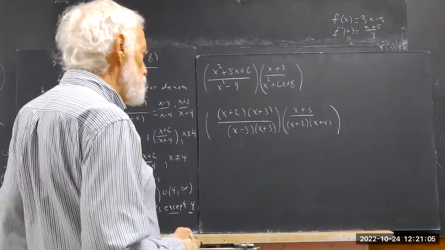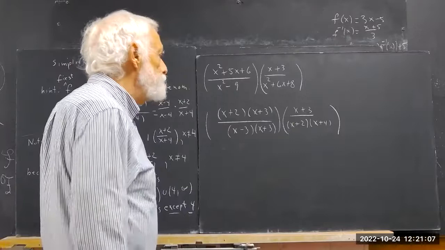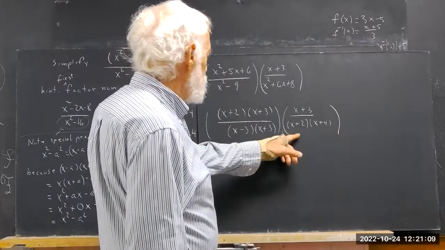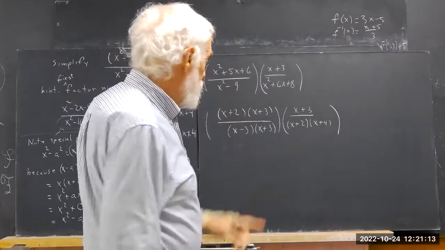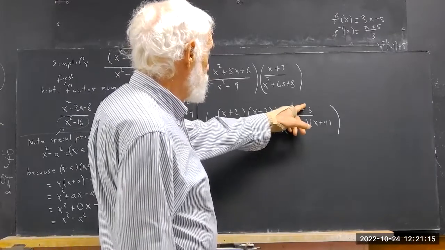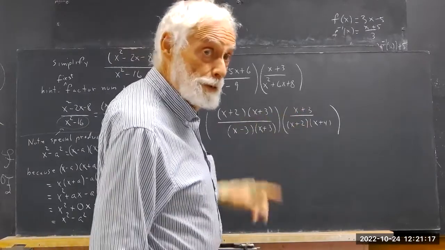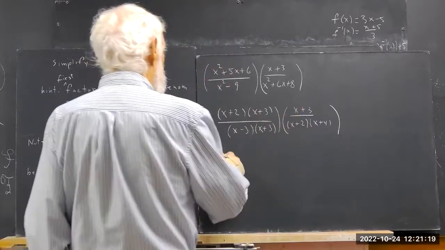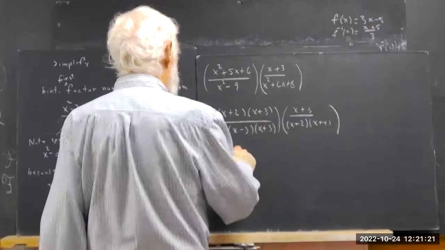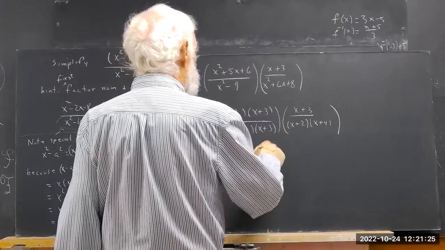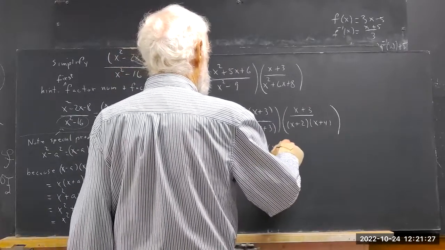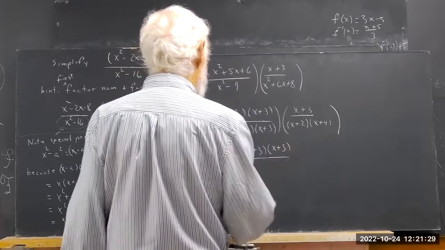Now, already you can see that we've got an x plus 2 here and an x plus 2 here. You've got an x plus 3 here and an x plus 3 here, or here, wherever you want to use. Well, let's multiply it out. When you multiply fractions, you multiply the numerators, you multiply the denominators.